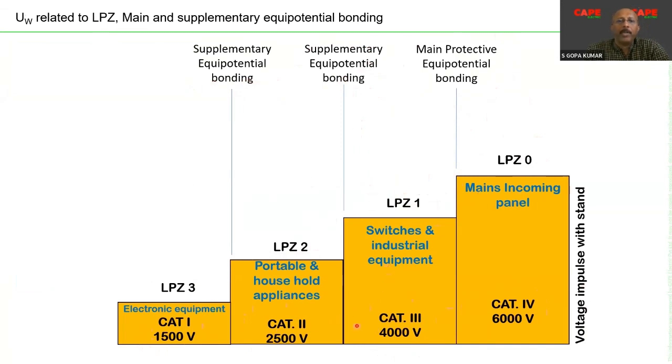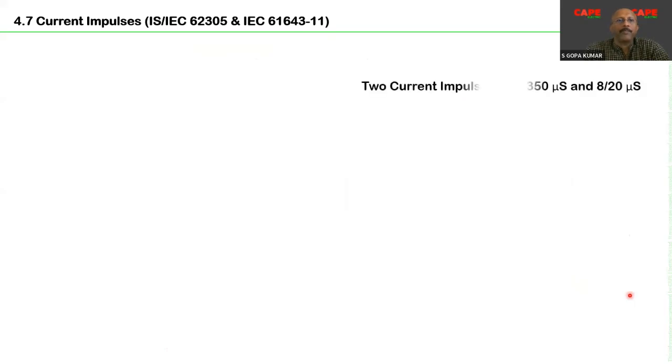The most important point is the voltage impulse withstanding capacity. Every electrical apparatus is able to withstand a certain voltage. Its insulation is limited and the equipment cannot withstand a high voltage, for example 10 kV or 20 kV. That is not possible. So the maximum is shown here.